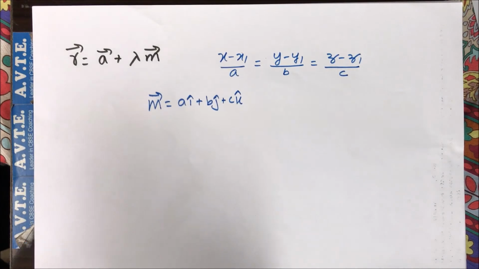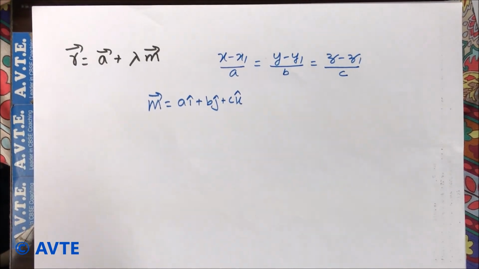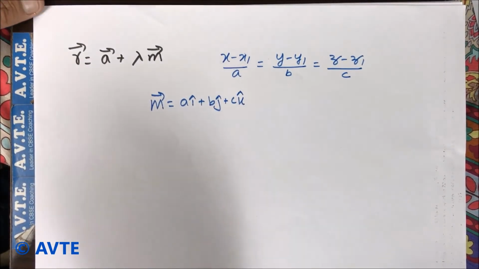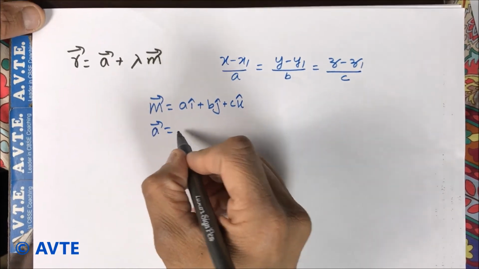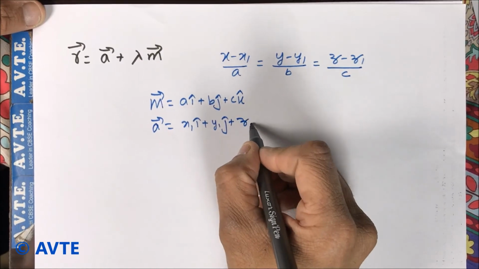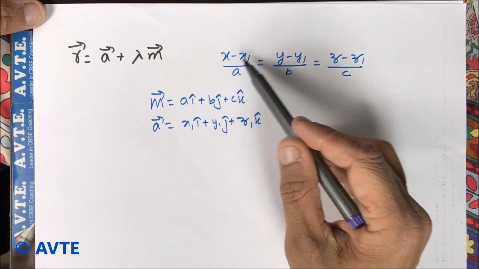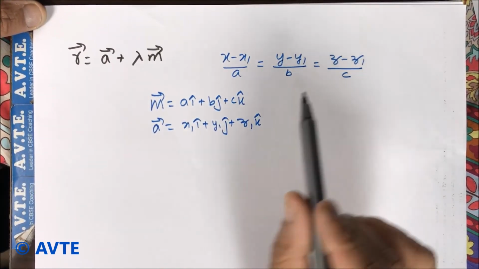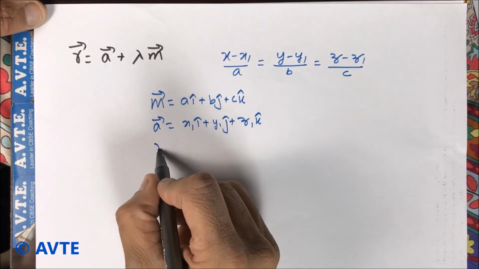The d ratios in the Cartesian form are in the denominator, but it is a ratio. Though the vector form appears as equation, but as we convert this into three components, it will emerge as a ratio. So m vector is the d ratios of the line. Now, what is x1, y1, z1? Concentrate. That is the point through which line is passing. And what is your x, y, z? The principal point or the moving point, that is r vector.